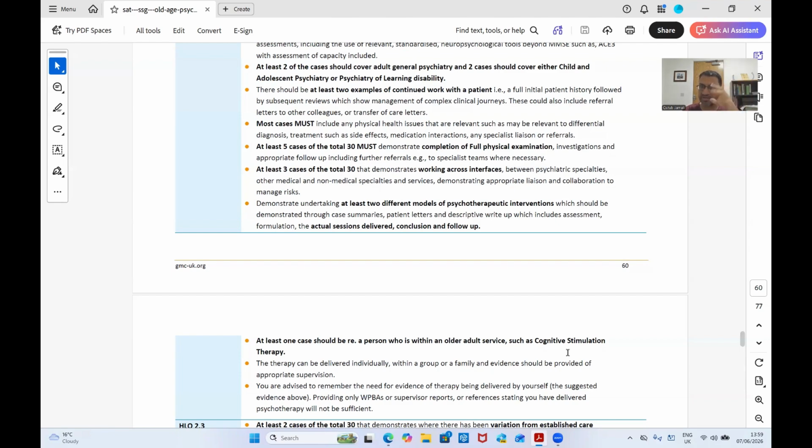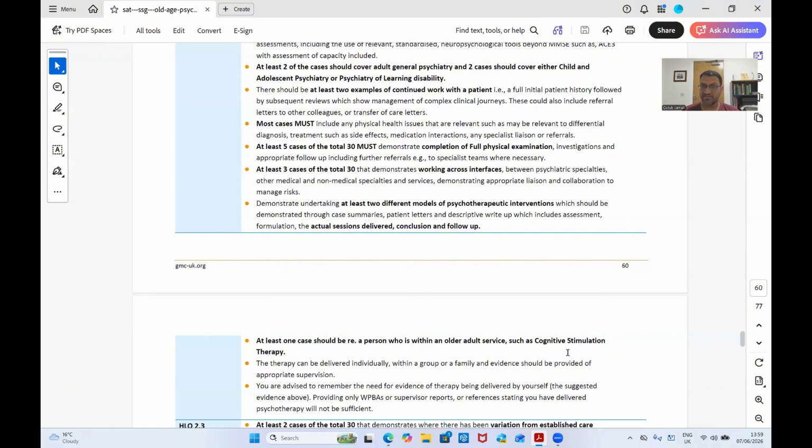You're including summaries of every session you did. You do at least 16 sessions in cognitive analytical therapy, so you should document a summary of every session. Again, that has to be very comprehensive. Even if you're doing groups, you have to include a summary of what you did exactly in those sessions. So again, that primary evidence is required.